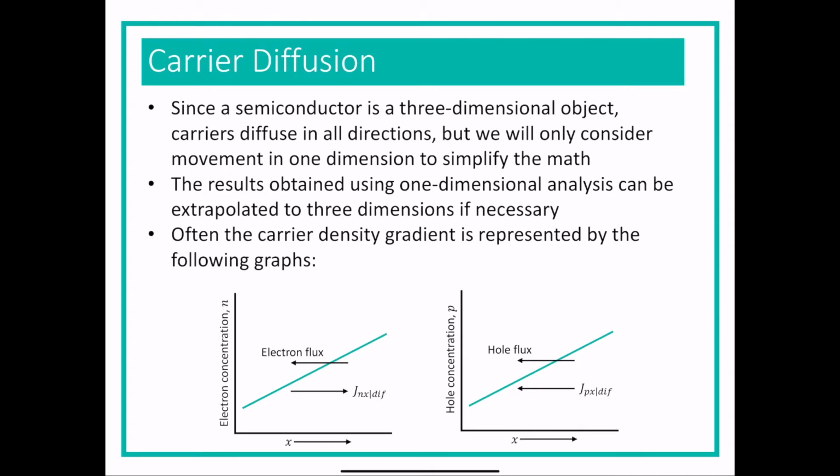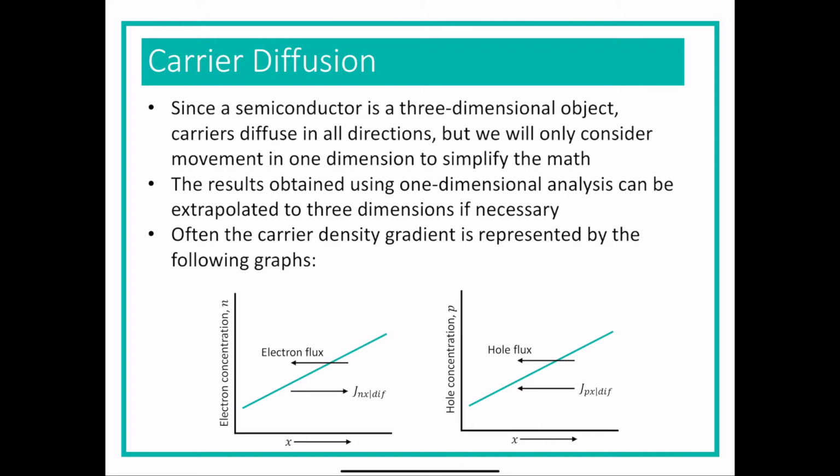Each one of these, if you have a gradient, creates a flux of some sort. In electrons, the flux is created in one direction. The hole also creates flux in the same direction, but the current is opposite depending on if you're talking about conventional direction or electron direction.